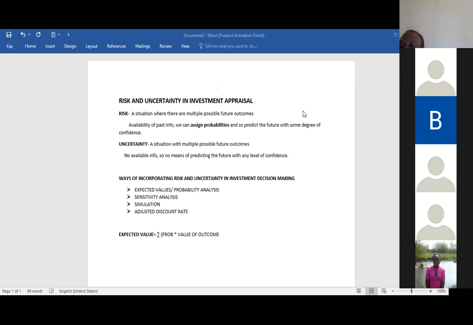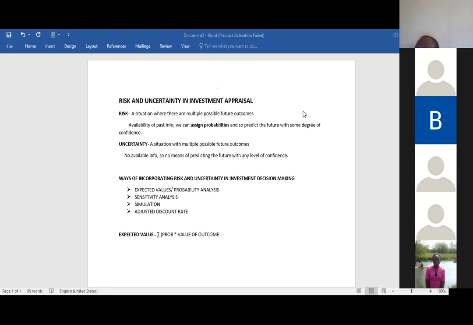In this case, they said that the variable cost will be dependent on competition between suppliers. And there are 3 possibilities: there might be strong competition, moderate competition, or weak competition.